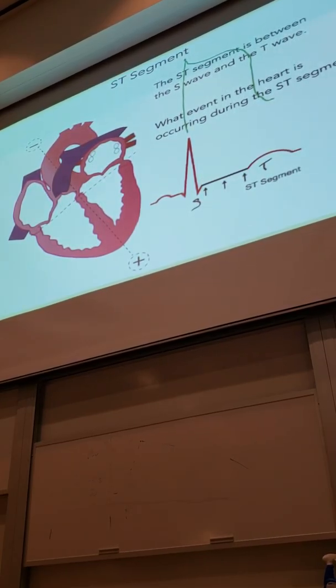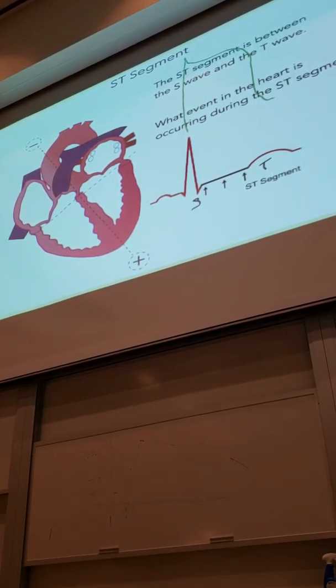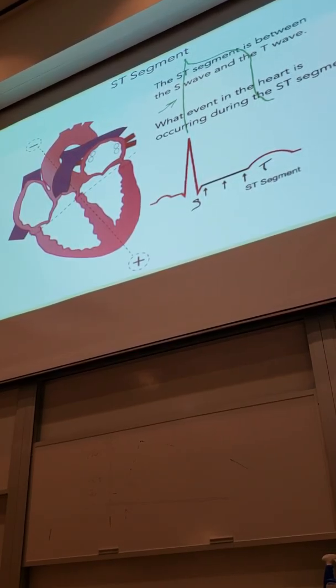We just talked through that, right? But on average, we could say that the depolarization phase is happening here. Repolarization phase is happening here, right? That means in between them, we have plateau.